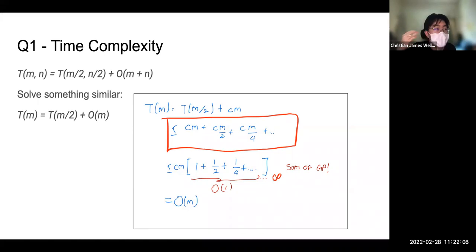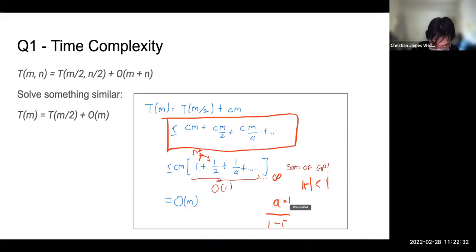Because the sum of a GP towards infinity, in the special case where the common ratio is less than 1, and here r equals a half, is bounded by a constant. The formula is a over 1 minus r, where a is the first term.